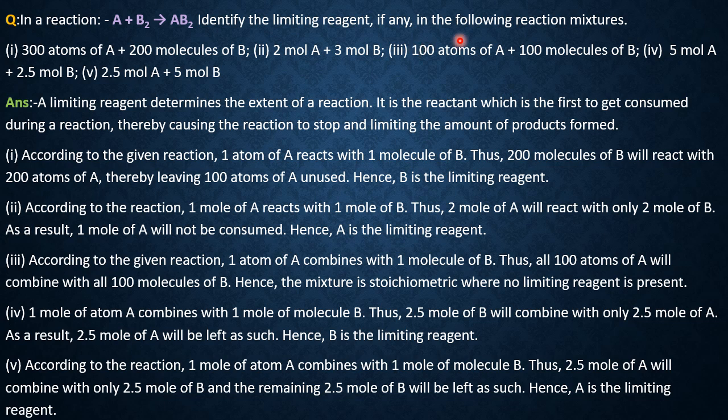It is number 4. Please see. B is the limiting reagent. Okay. Last combination, 2.5 mole of A reacting with 5 mole of B, 1 mole of A to 1 mole of B2 once again. So 2.5 mole of A requires 2.5 mole of B2, but available is extra. So A is the limiting reagent.